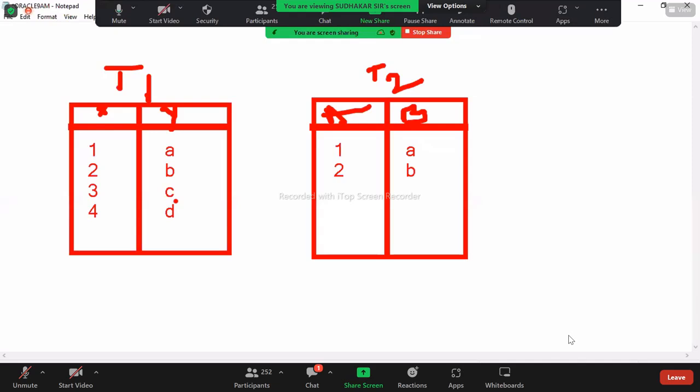Take VI, Vodafone and Idea. Who is merged here? These two companies merged, yes or no? But they're not taking any one company's name. Suppose I am Idea, you are Vodafone. We are merging.